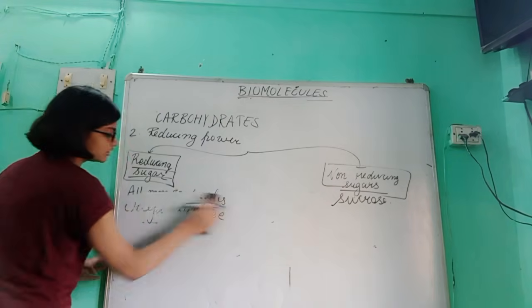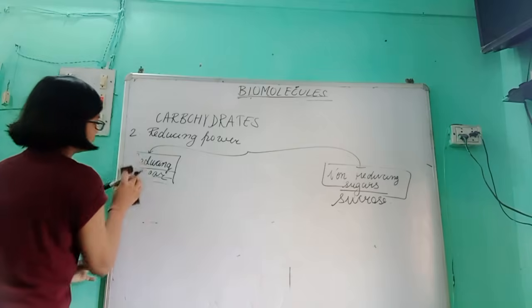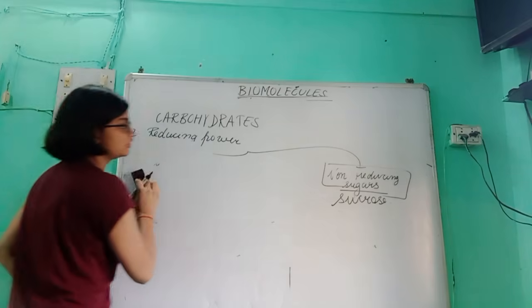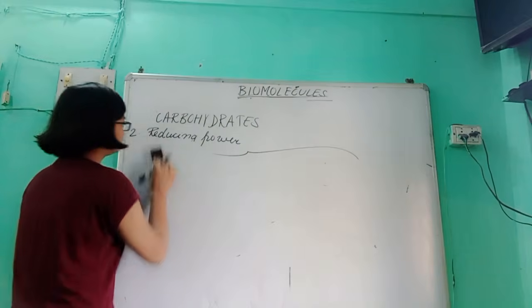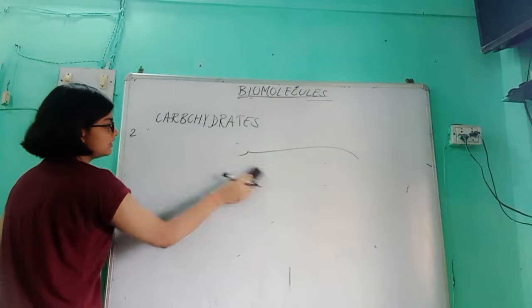Now, let's move on to the third one, that is the functional group. On the basis of functional group, we have divided carbohydrates into two categories: aldoses and ketoses.